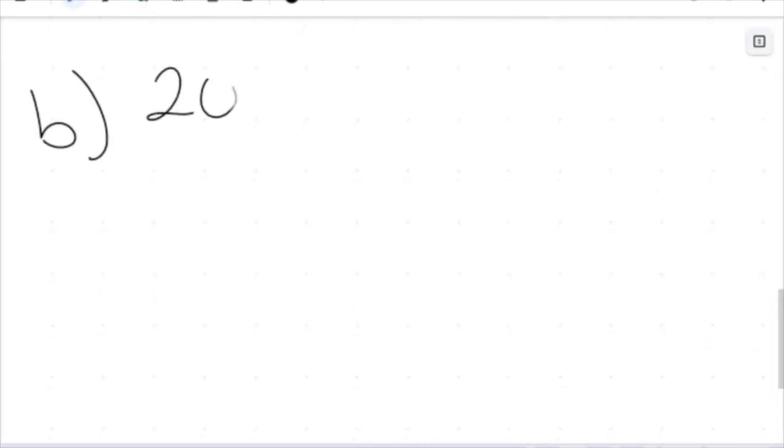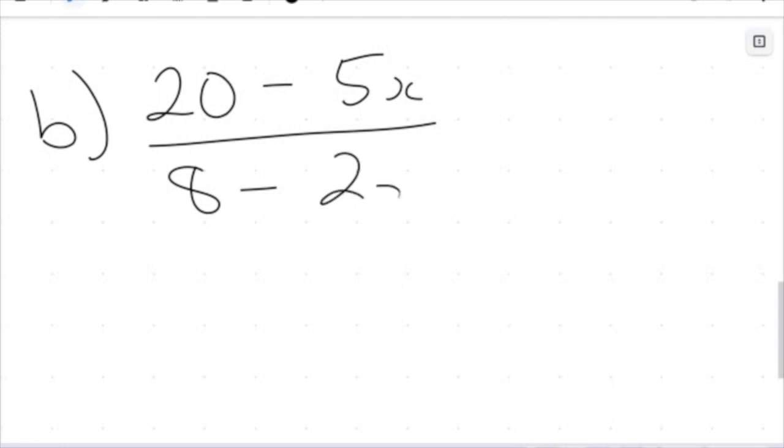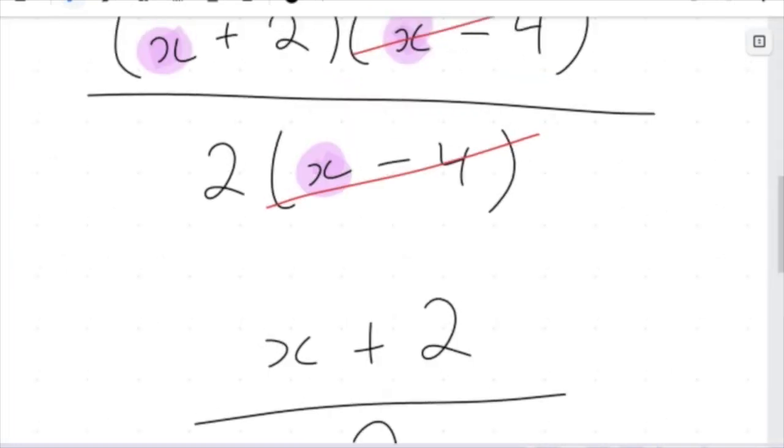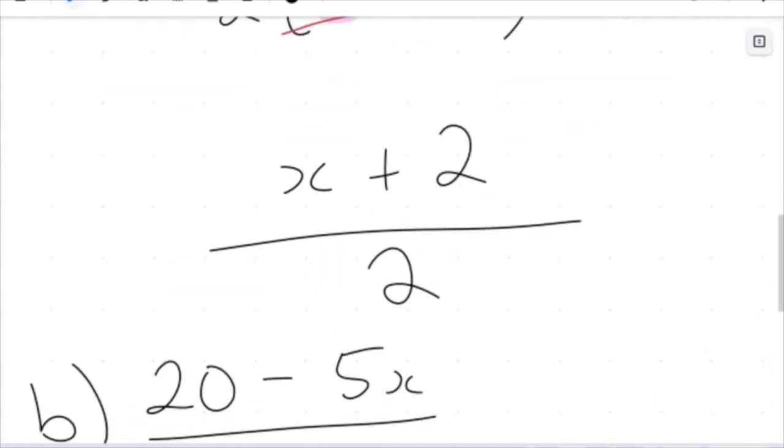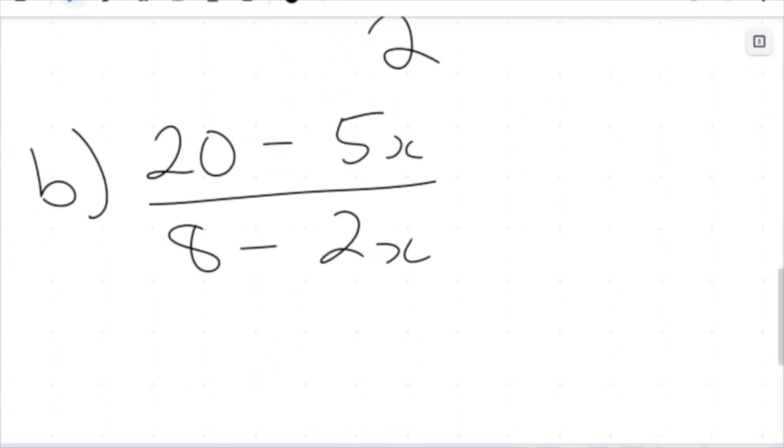We have here 20 minus 5x as a fraction of 8 minus 2x. Okay, so here, there's not a lot we can do just yet to simplify it, because we need these products, this idea of these numbers timesing by each other on top and bottom, before we can start cancelling things out.